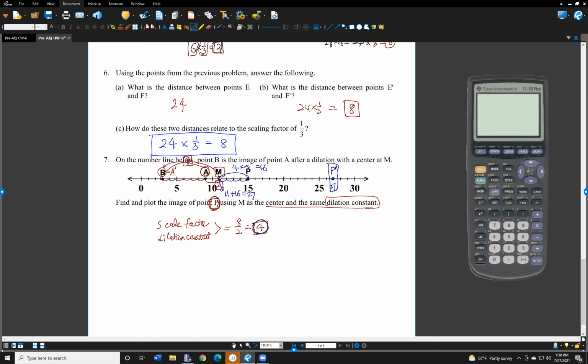Maybe you can check it out. This is 11, 27 minus 11 is 16, right? This distance is 4. 15 minus 11 is 4, right? Yeah, actually this is 4 times the distance. Okay, that's the answer. P prime will be on this coordinate, which is 27.